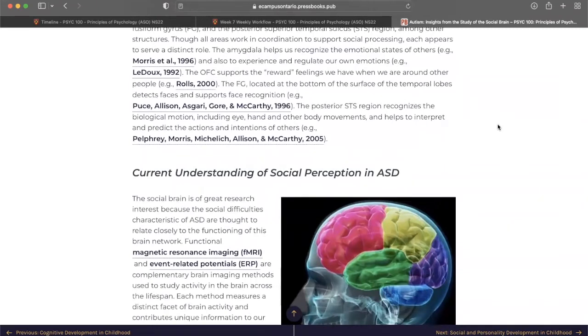The FG, located at the bottom surface of the temporal lobes, detects faces and supports face recognition. The posterior STS region recognizes biological motion, including eye, hand, and other movements, and helps to interpret and predict the actions and intentions of others.